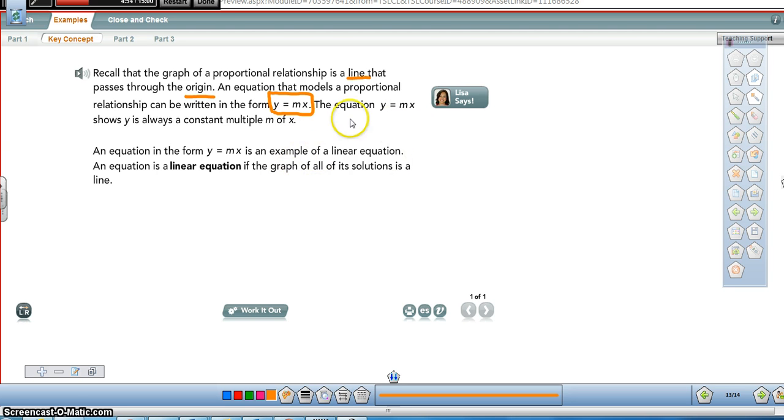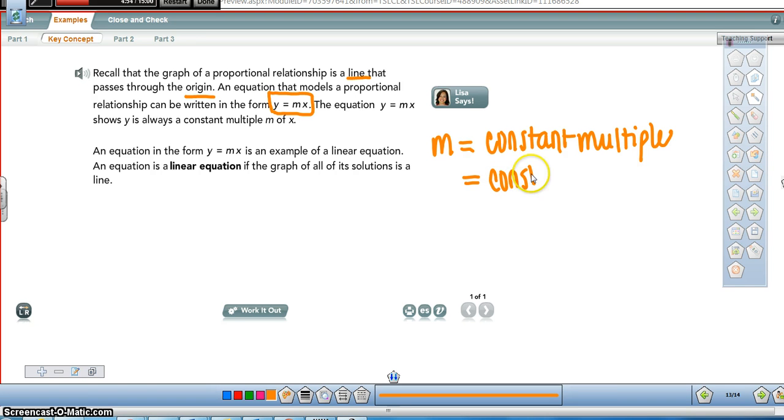We should probably make a note that m is the constant multiple. It's the constant of proportionality.